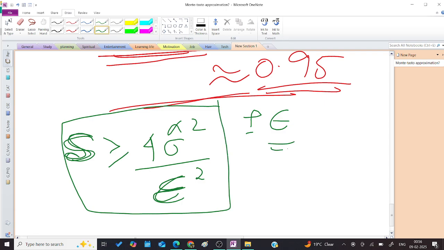So if you want epsilon to be very small, then the sample size should be very high. Okay, the dependency is inverse square.